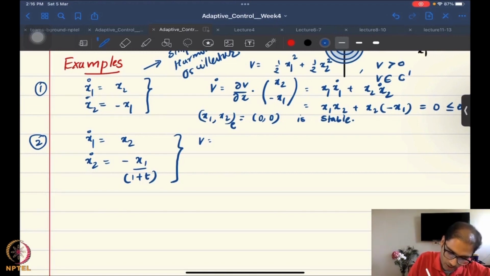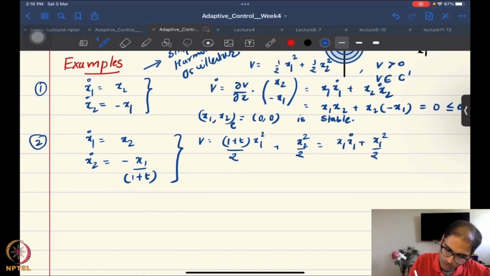Because suppose now I do something naive, like I choose (1 plus t) x1 squared by 2 plus x2 squared by 2. Then what happens is I get x1 dot plus x1 squared by 2 plus x2 dot.